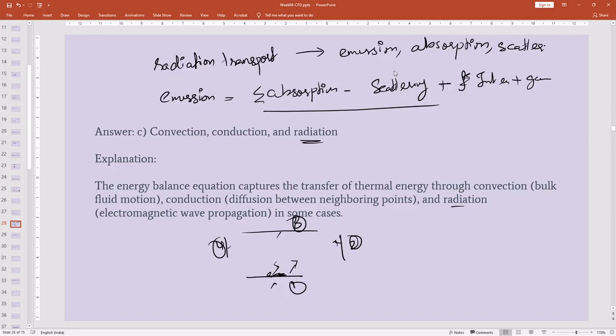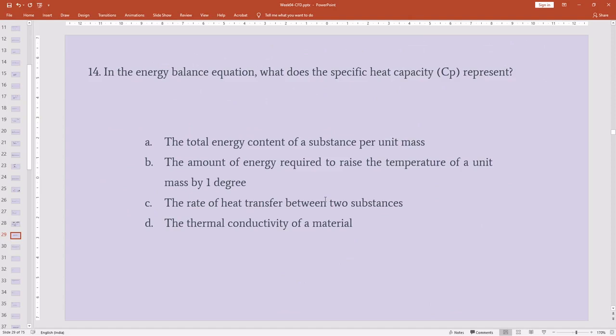Like any other transfer property, we can model radiation as a transfer problem. There are different methods used to model radiation transfer. The most used method is DTM, the direct transfer method. I'm not going deeper into radiation, moving on to the next question.